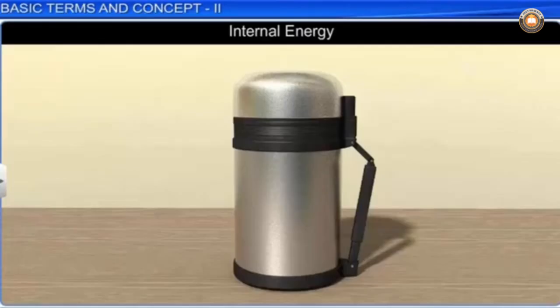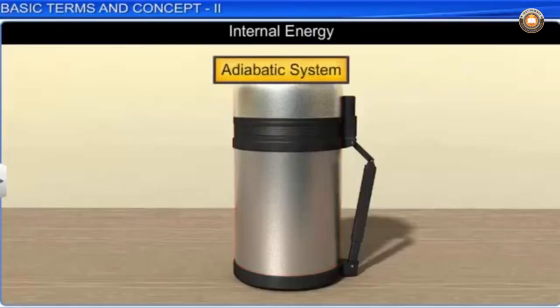Let us take a certain amount of water in a thermos flask or an insulated vessel that does not allow heat exchange with the surroundings. Such a system is called an adiabatic system. The state of such a system changes without an exchange of heat, and thus the process is called an adiabatic process.